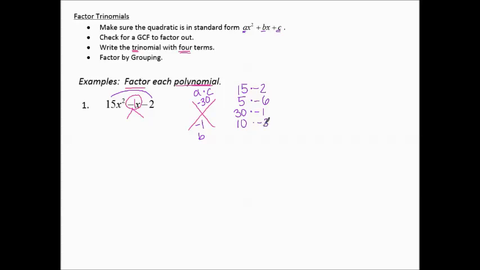Now what I want to do is combine those together and see if I get -1. 15 minus 2 will not give me -1. 5 minus 6 does give me the -1 that I am looking for.